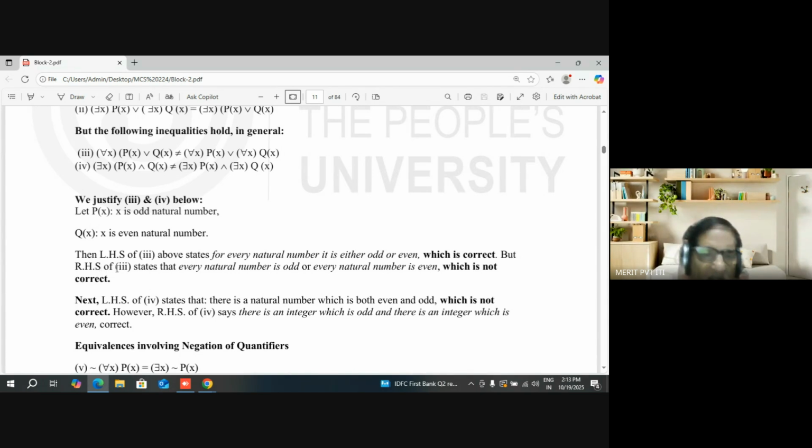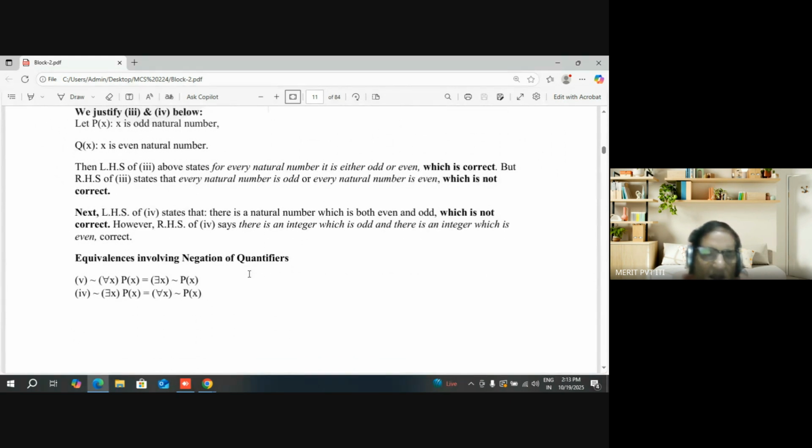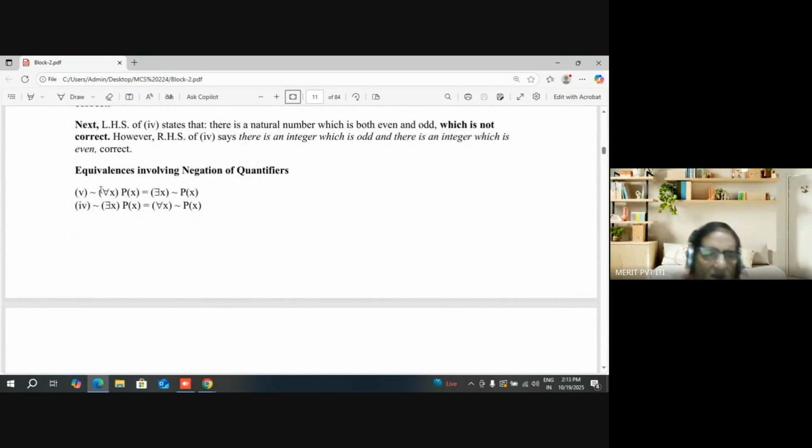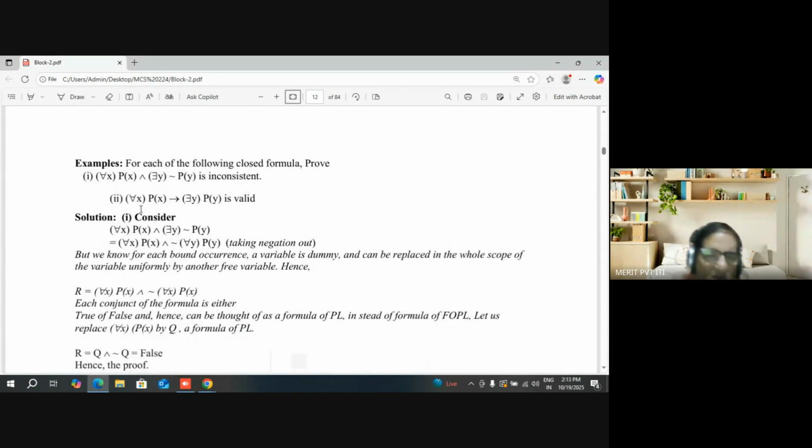But the right hand side of the third statement says every natural number is odd or every natural number is even, which is not correct. Next, the left hand side of the fourth statement says there is a natural number which is both even and odd, which is not correct. However, the right side of the fourth statement says there is an integer which is odd and there is an integer which is even, correct. So equivalence involving negative quantifier, all these are repeated. Then you continue with examples like this and all that.